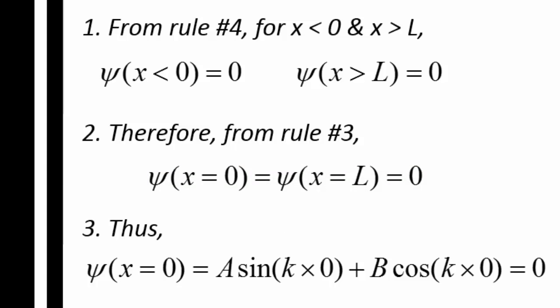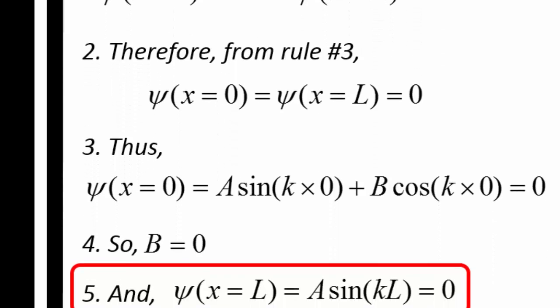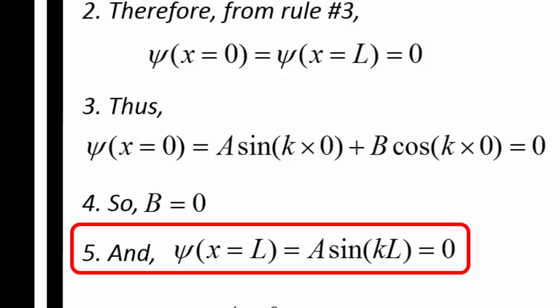If we take our limit of x equals 0 and substitute this into our wave function, we find that for the wave function to be 0 at x equals 0, the constant multiplicand of our cosine function should also be 0. Thus, our wave function becomes A sin kx.